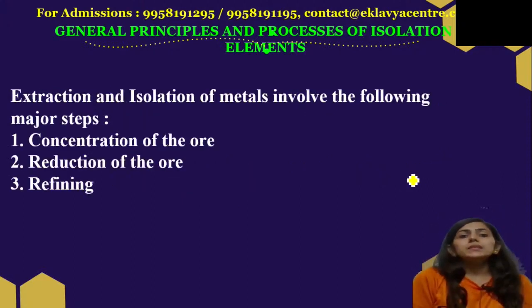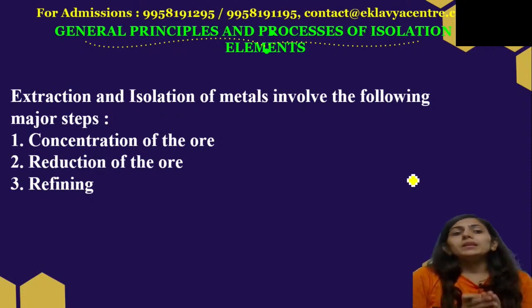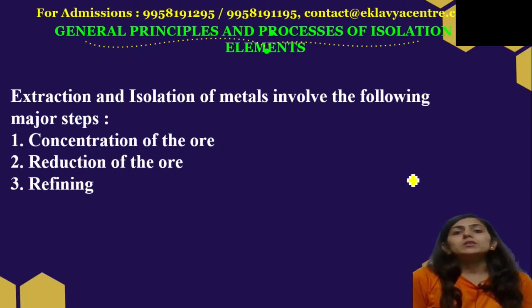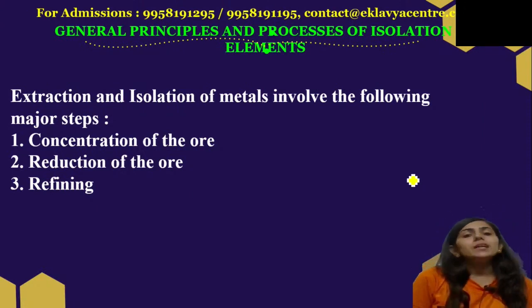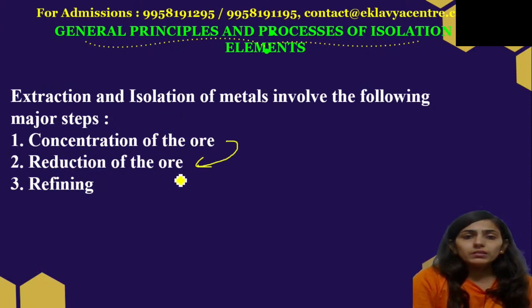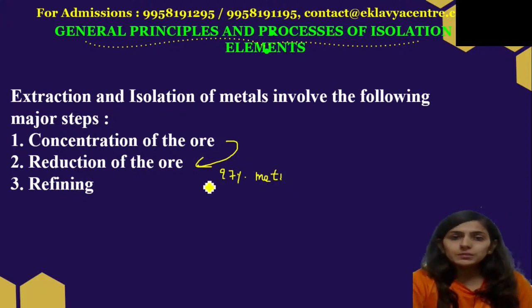Next, the main topic, the main chapter starts from here. Extraction and isolation of metals involve the following major steps. What are the major steps? Number one is the concentration of the ore. Then we have reduction of the ore, and third is refining. In the reduction step we get around 97% of metal, but still there are some impurities present.